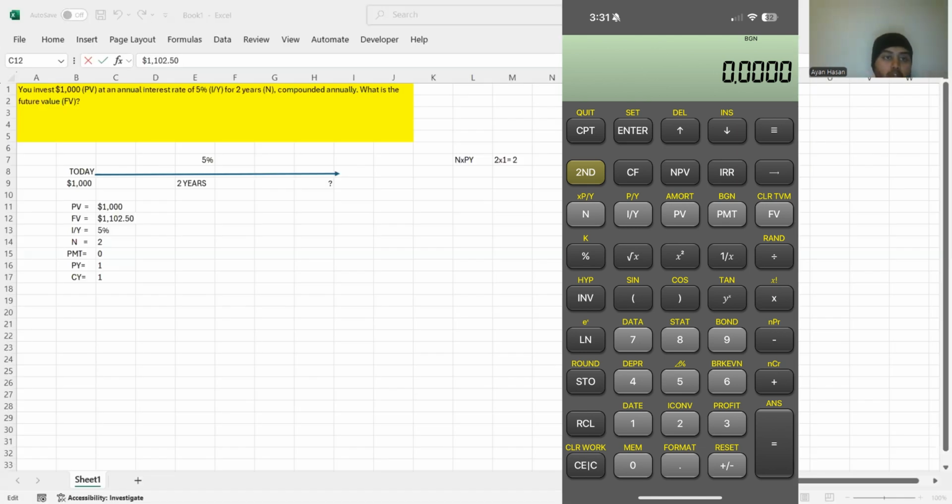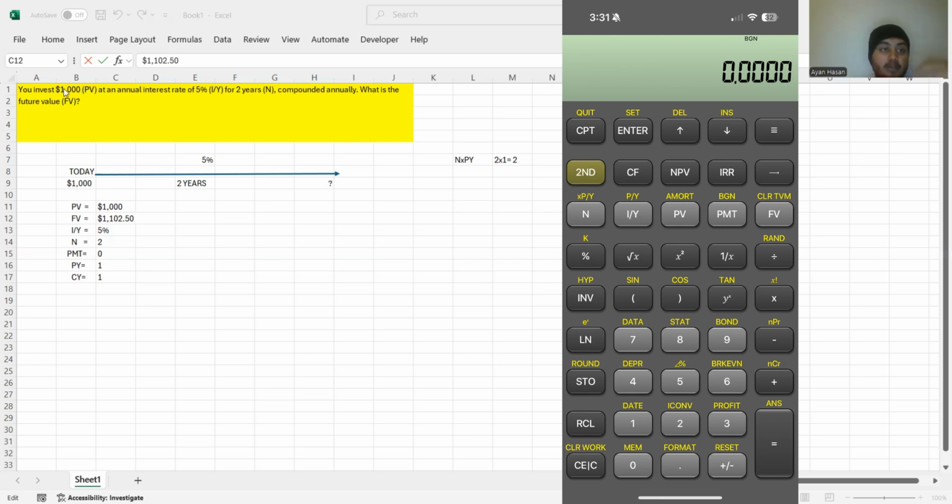You can also notice one thing in this question, that I have put headings in front of values for your better understanding. So we have: you invested $1,000, meaning I invested $1,000. So I know the present value, which I invested.